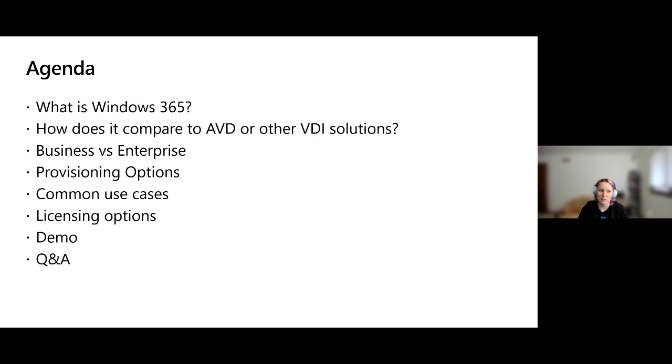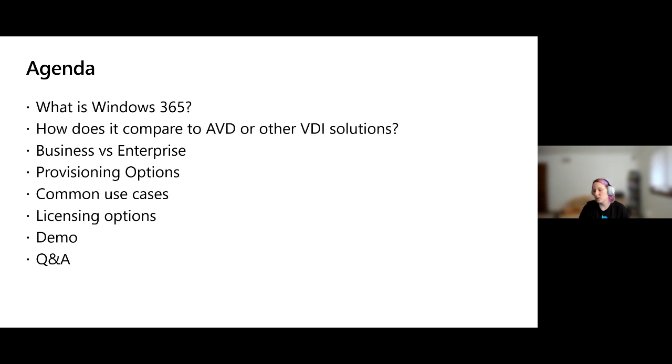We do get that question quite often, even though it's about a year and a half since the product's been out. How does it compare to AVD? That's also one of my top questions that I get with every customer that we start talking about Windows 365 with, because we do have two solutions, and it depends on the use case on which one might fit your use cases better.